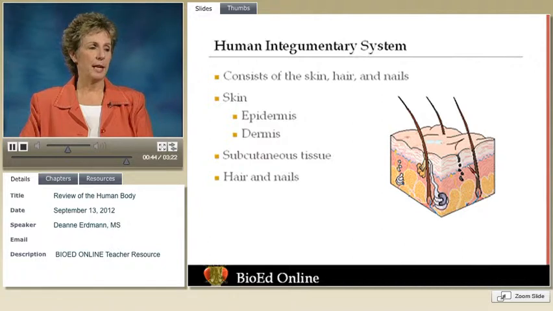The dermis, which is made of blood vessels and nerves and sense receptors and hairs, is a much thicker layer, and it's what you find below the epidermis. Then the next layer is the subcutaneous tissue, which is important in insulation and protection. And then finally, the hair and the nails, which are filled with keratin, and they protect and insulate as well.